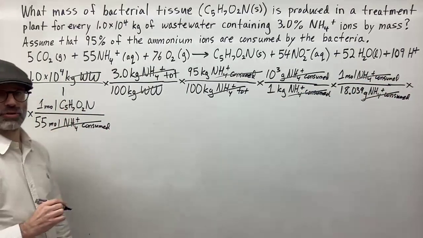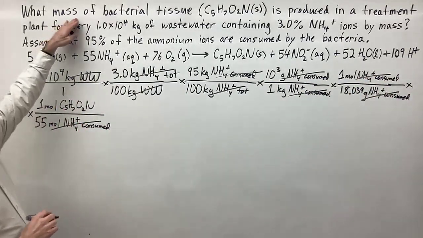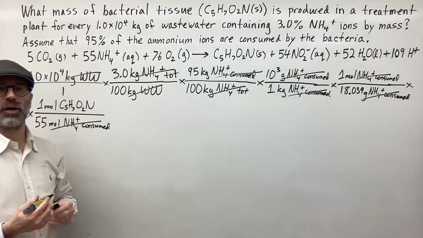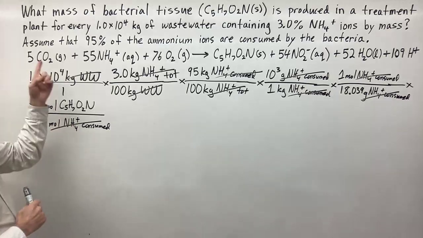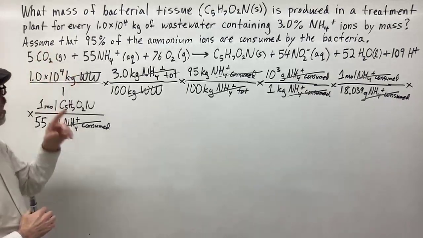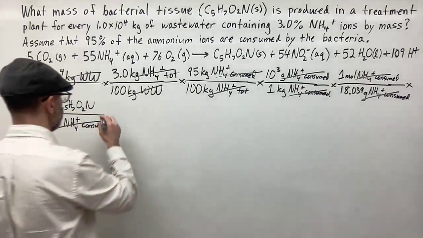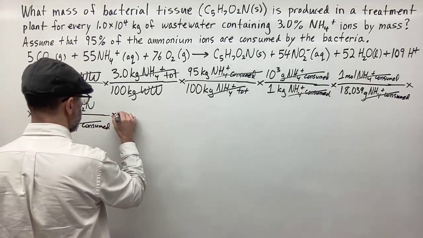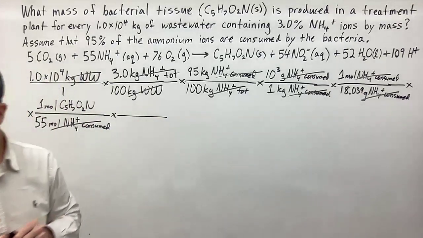Now I have moles of the bacterial tissue, but they're asking for the mass. So we're going to continue and convert this to kilograms. Since we started with kilograms, we're probably going to need kilograms. So I need the molar mass of this substance.